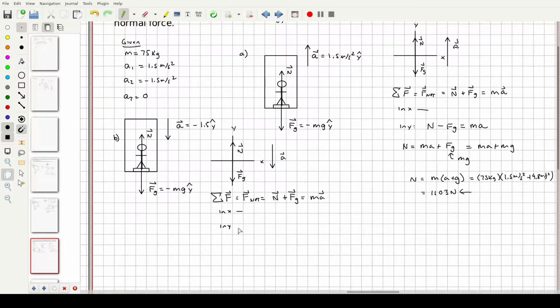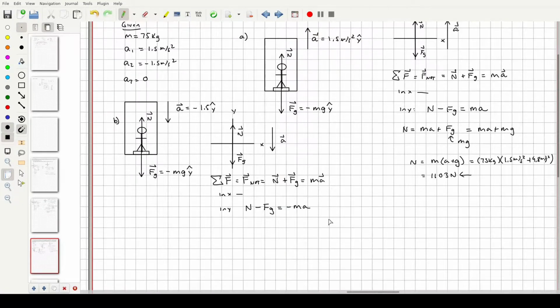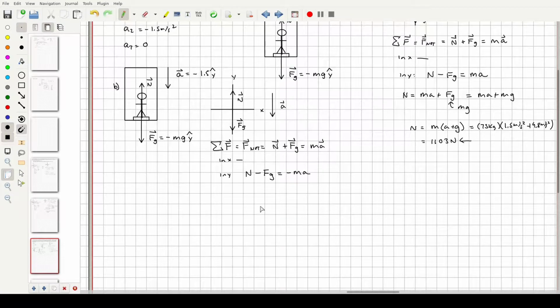But in the y direction, what you have is a positive normal force, a negative weight, and then your acceleration is down, so it's negative. Okay? So here, the normal force would be equal to minus ma plus mg, putting in what the weight is, or m times (g minus a).